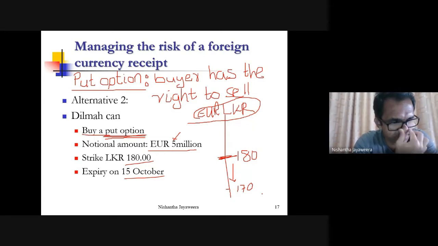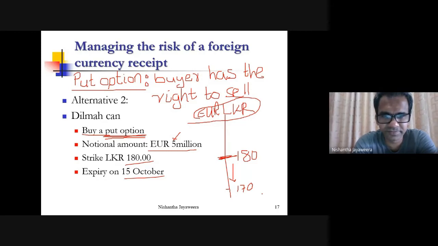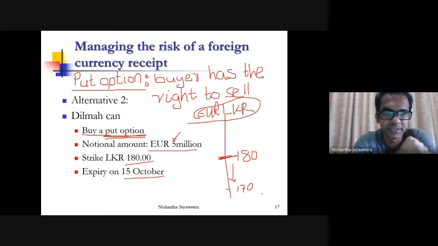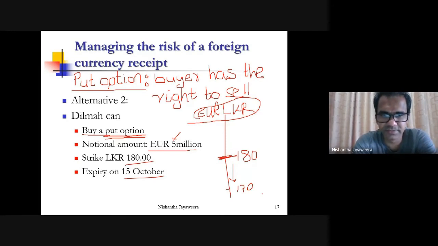So by now you should remember and be clear on what is a put option and what is a call option. If you cannot remember that, that's a different story. You should know the product before you use it for risk management or hedging purposes.